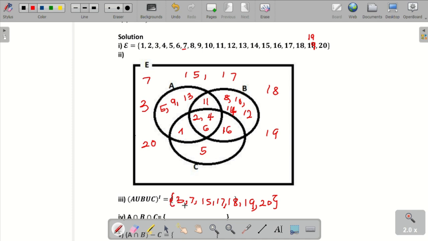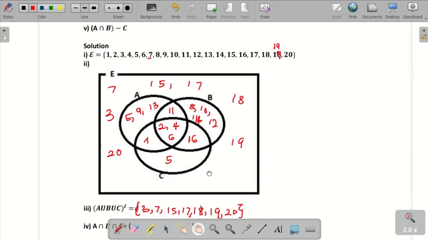They are those elements that are not present in the subsets A, B, and C, but are present in the universal set.